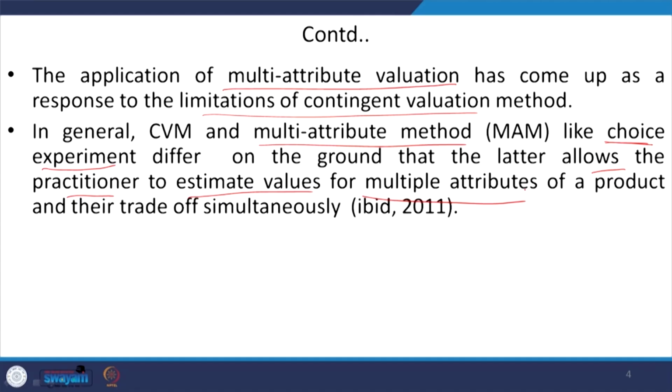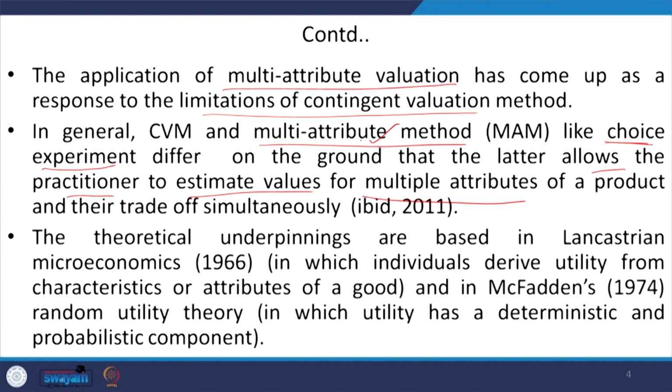So, in that way we are saying the multiple attribute method is better than the contingent valuation method, because the contingent valuation method is not capable of estimating the multiple attributes of a particular good, product or service under discussion, and that is why we will be choosing the multiple attribute method in comparison to the contingent valuation method.